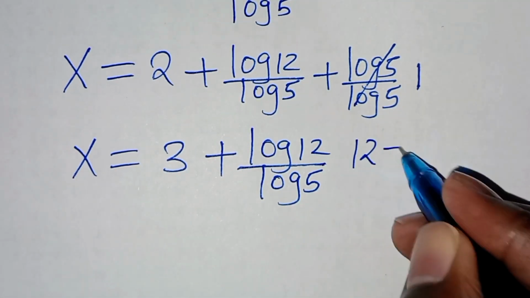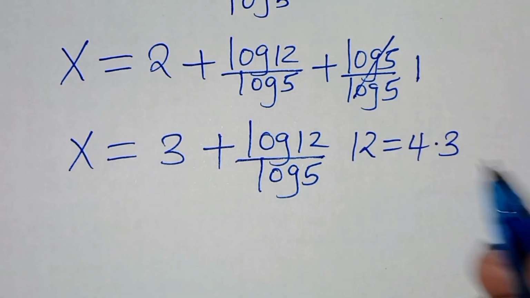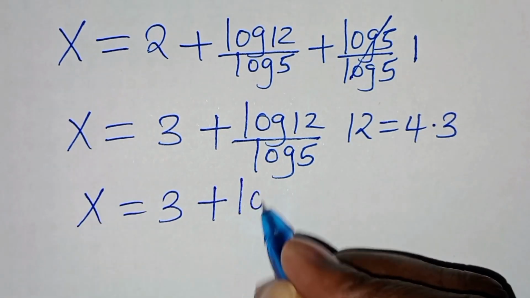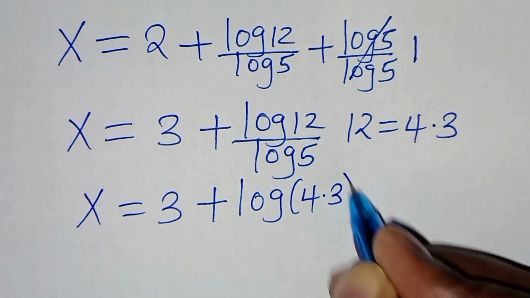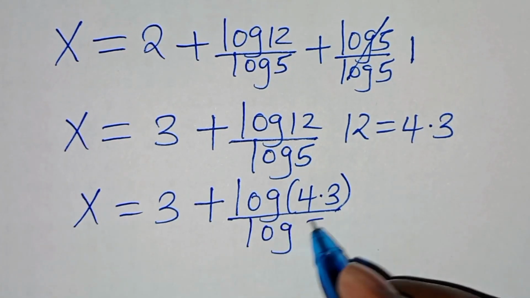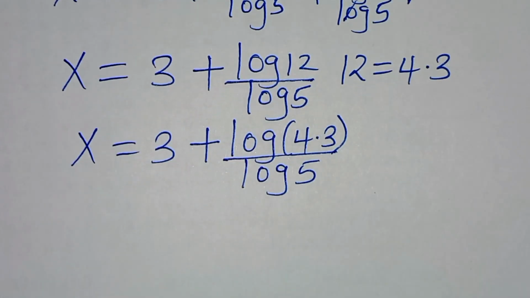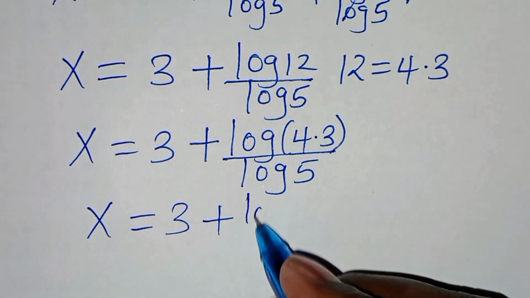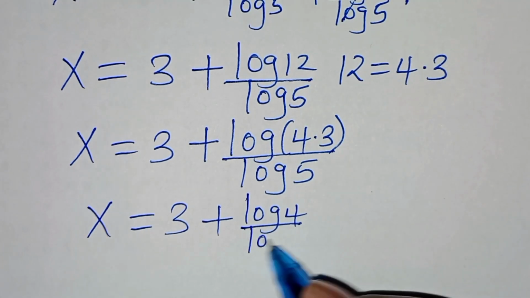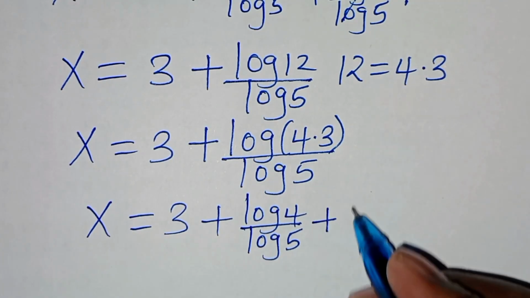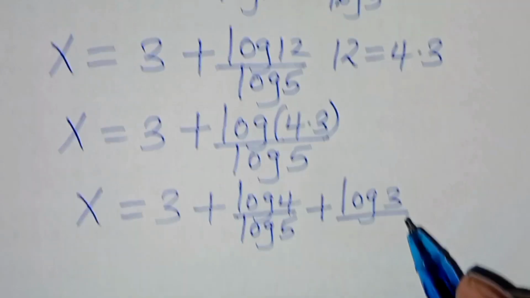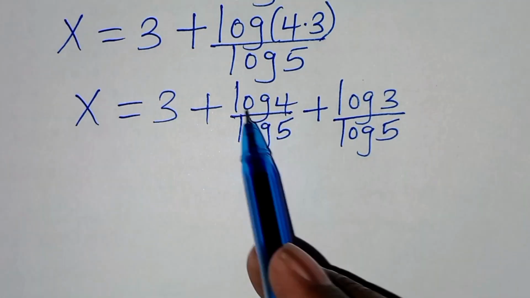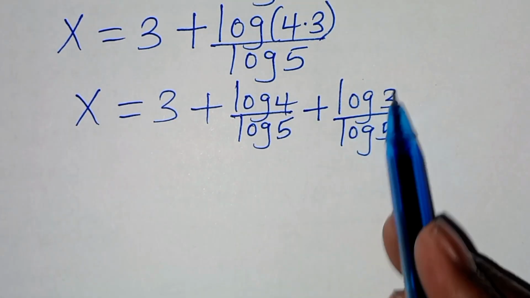We can express 12 as 4 times 3. Let's substitute this. So x is equal to 3 plus log of 4 times 3 divided by log 5. This is the same thing as x equal to 3 plus log 4 divided by log 5, plus log 3 divided by log 5.